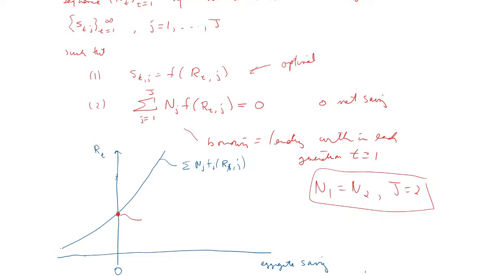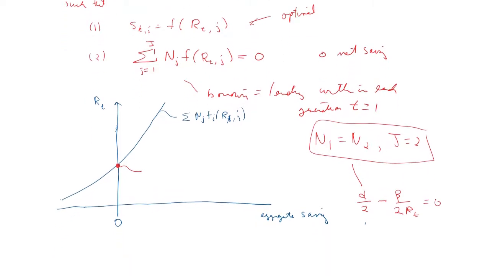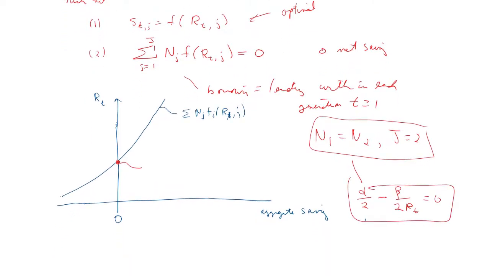If I add up the saving, I would have alpha over 2 minus beta over 2r_t has to be equal to 0. That's the way condition 2 would look. And then I can easily solve for r_t as a function of alpha and beta. I'll let you do that. So this is our non-monetary equilibrium.